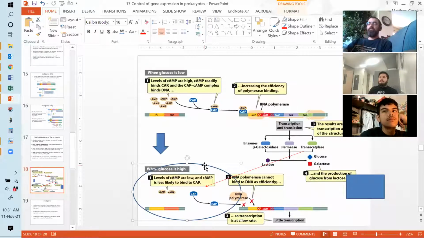And if it has enough glucose and it doesn't need a lot of lac operon expression, then there'll be little cyclic AMP and you'll get very little transcription. Okay, understand. Thank you. No worries. Absolutely.